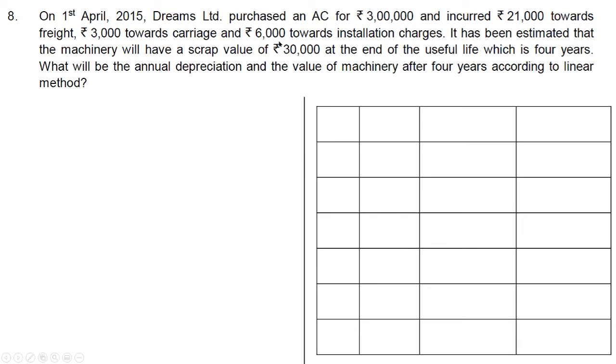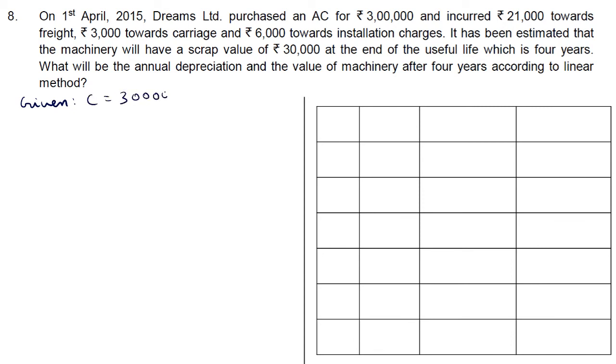So here the cost incurred will be the sum of all these, and the scrap value is rupees 30,000. We need to find the annual depreciation and the value of machinery after 4 years according to linear method. So first let us write what is given.